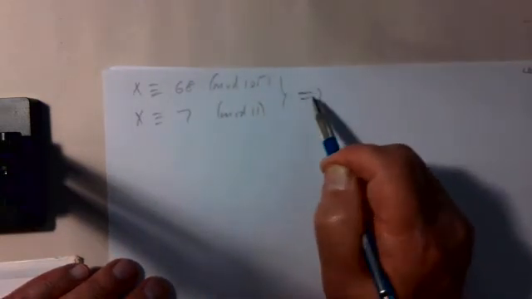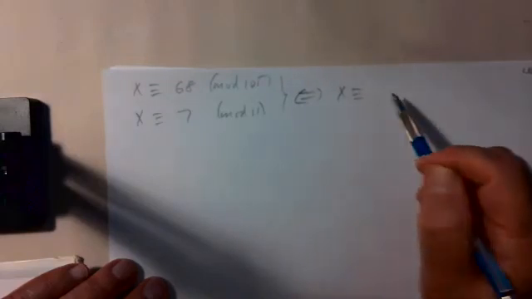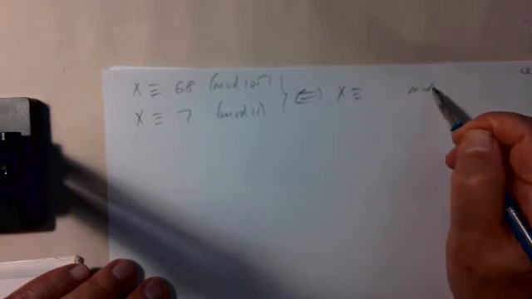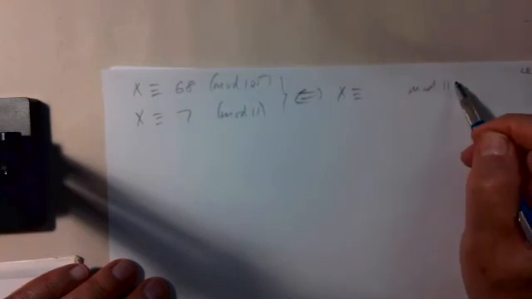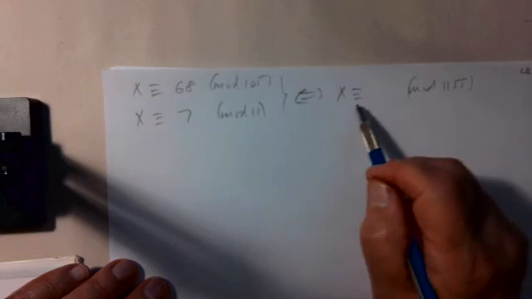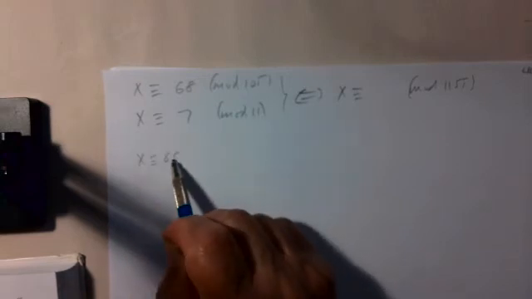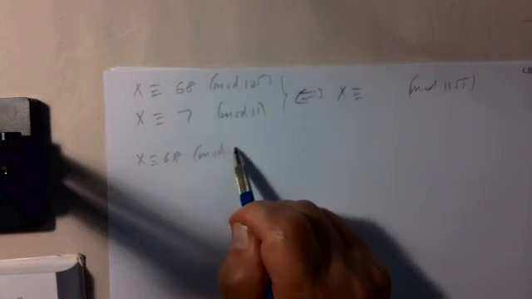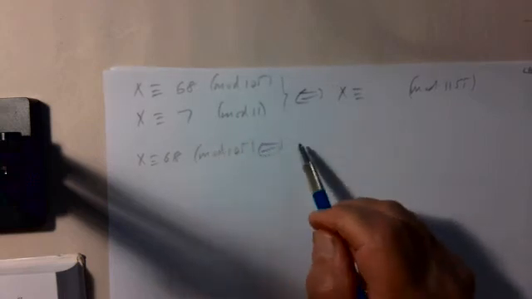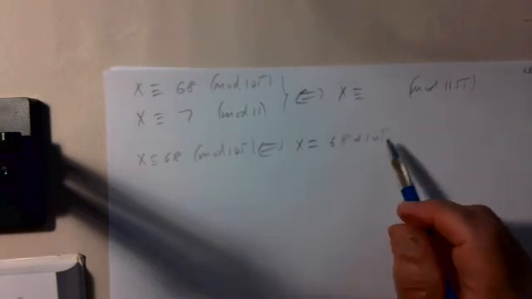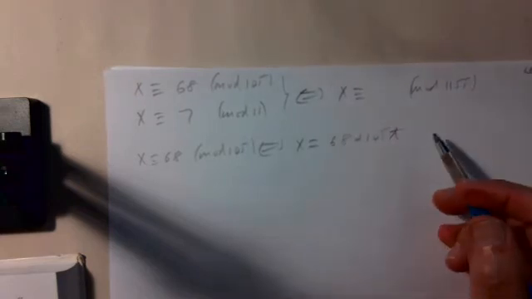So this will be some unique congruence class modulo 11 times 105, which is 1,155. So what's the solution of these two congruences? So x is congruent to 68 mod 105 means x is 68 plus 105 times some number, I'll call it t.